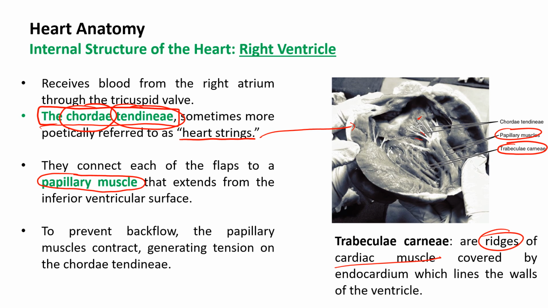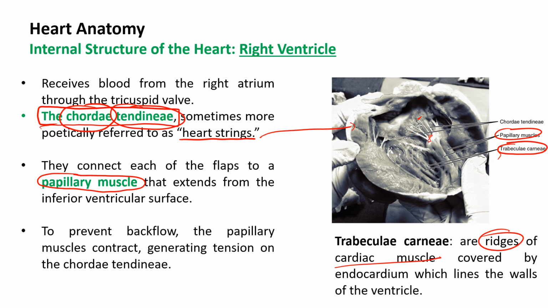Only the papillary muscles are, or if you can find the strings of the heart, the chordae tendineae, which should be easy, only those attached to the papillary muscles. So these ones that do not have chordae tendineae, they must be the trabecula carneae. Well, if you look at the strings and if they attach to something here, that must be the papillary muscle.